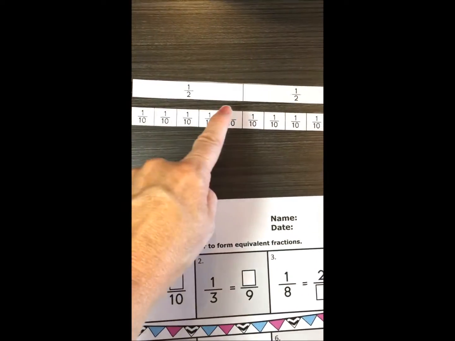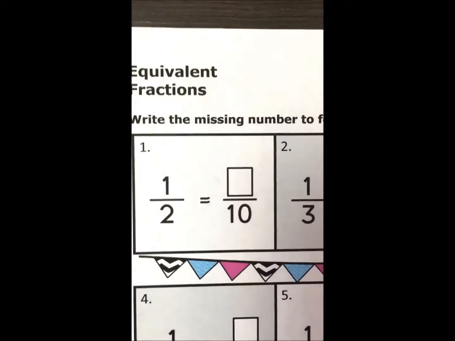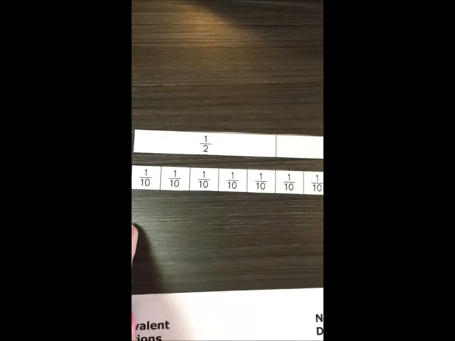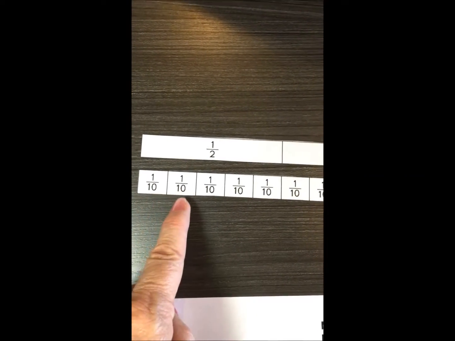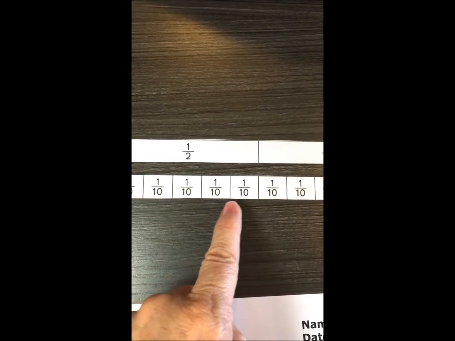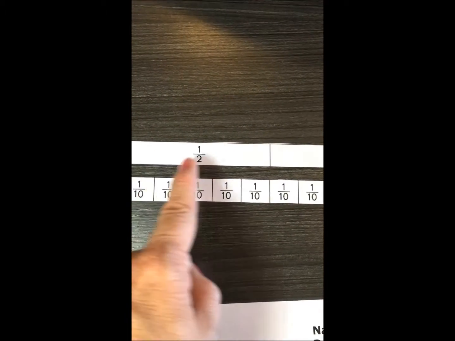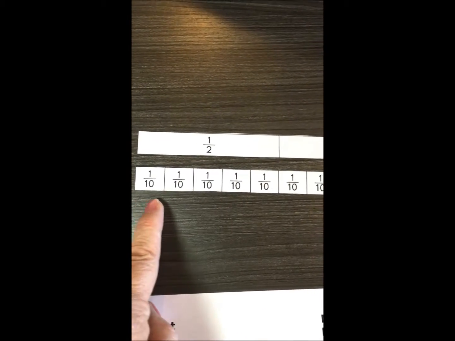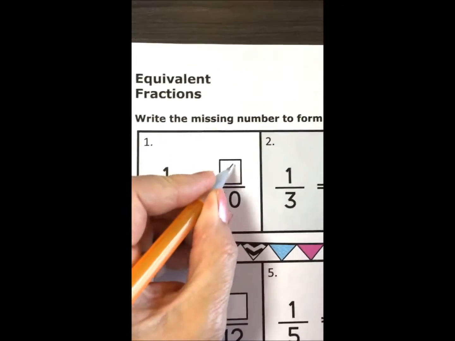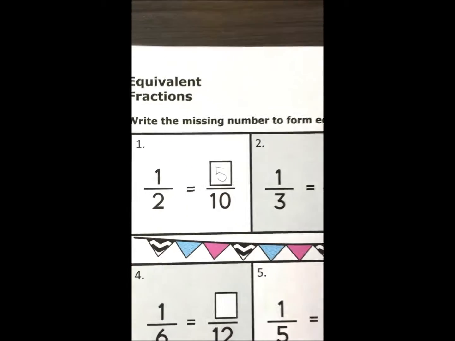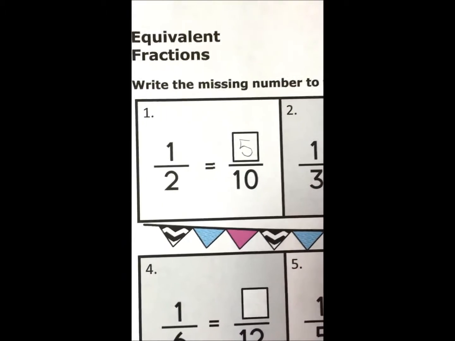So we need to compare 1/2 is equal to how many tenths? Here's 1/2. 1, 2, 3, 4, 5. 1/2 is the same as 1, 2, 3, 4, 5 tenths. Therefore, our answer is 5. 1/2 equals 5 tenths.